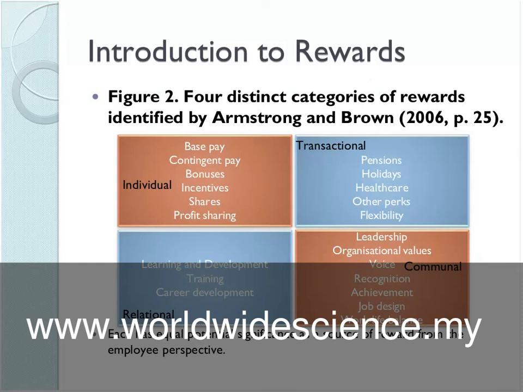We have transactional, like pensions. Transactional means what you will get in the future, like pension, or holidays when you are not going to get cash, but you will get some trip. Healthcare, other perks as additional rewards and flexibility. Here is also relational: learning and development, training and career development, and the relationship, leadership, organization, values, voice, and these are the 4 distinct categories of the rewards.